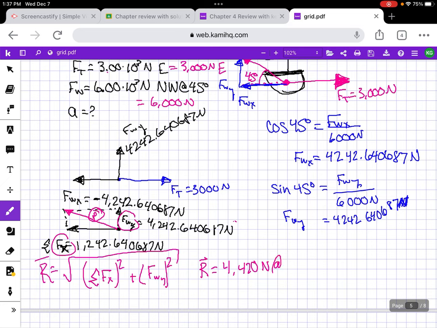And then we can figure out the angle. Does it want the angle? We can do it for fun if we really want. Knowing that if this is the angle we're looking for right here, we have our adjacent and our opposite. So inverse tangent of our opposite, 4,242.640687, divided by 1,242.640687. I'm not putting a negative sign in because it's just going to tell me the negative angle.